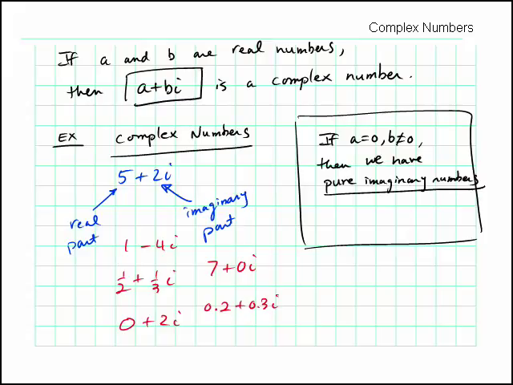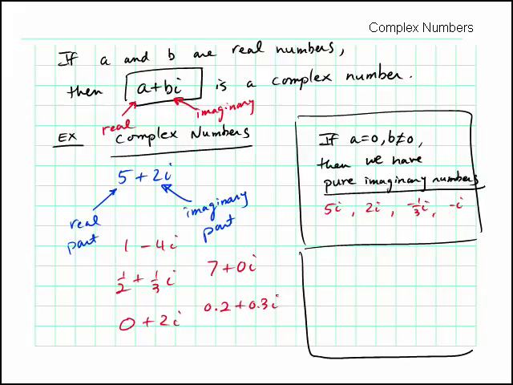For example, if the a is 0, then the real part is missing. Remember that this is the real part, and this is the imaginary part. So if I make a 0, then I get numbers such as 5i, 2i, negative 1/3 i, maybe just negative i. Those are all considered pure imaginary numbers because the real part is 0.